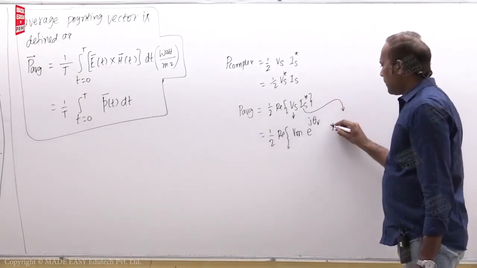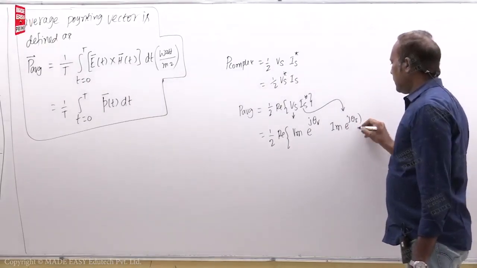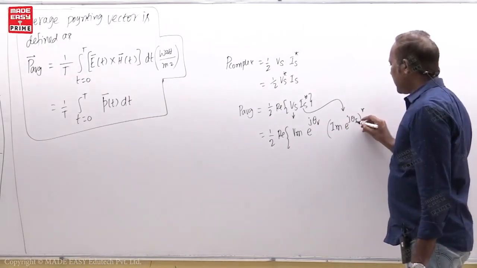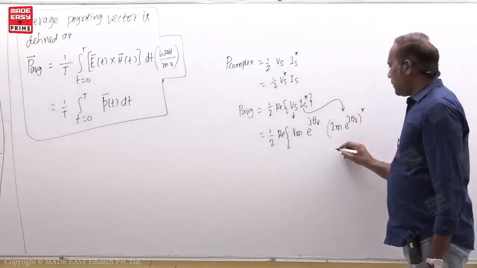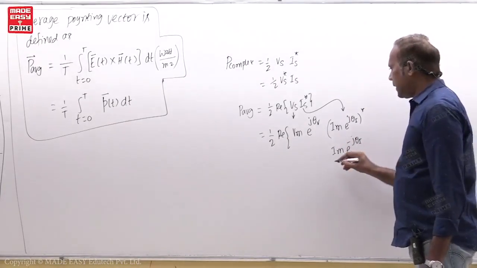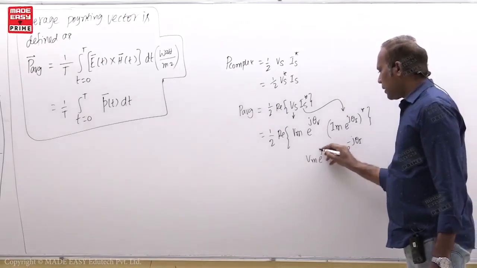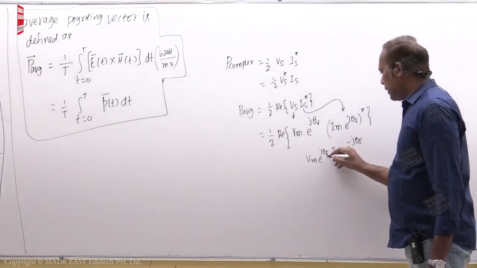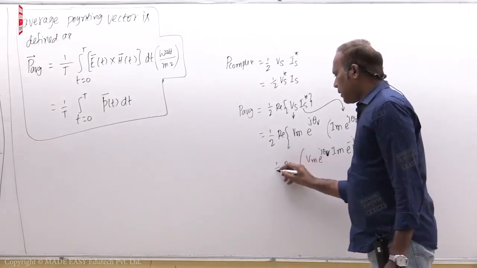Current is Im e power j theta I, where theta I means angle of current waveform. Now complex conjugate means you get Im e power minus j theta I, and this is Vm e power j theta V. So real part, half.